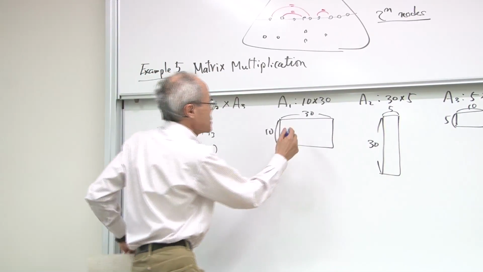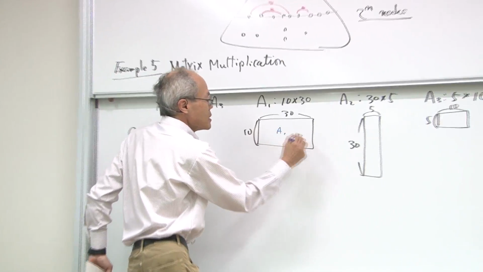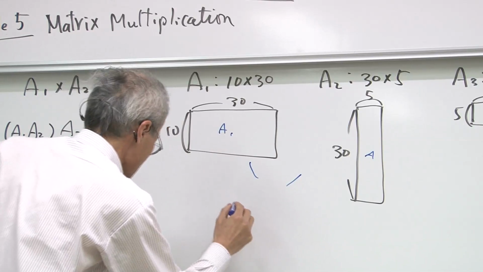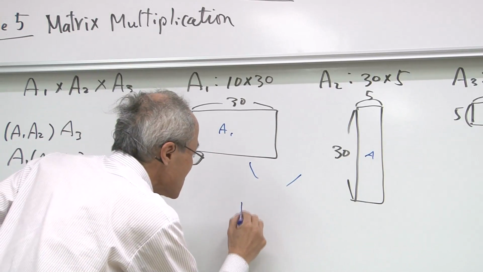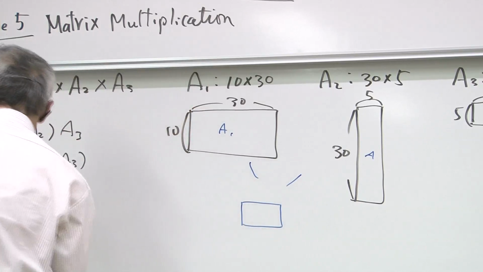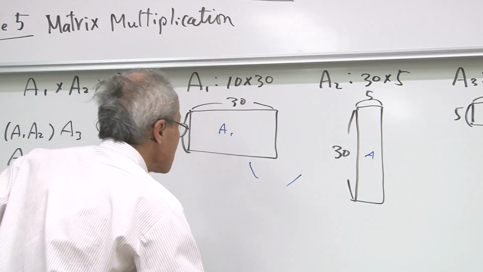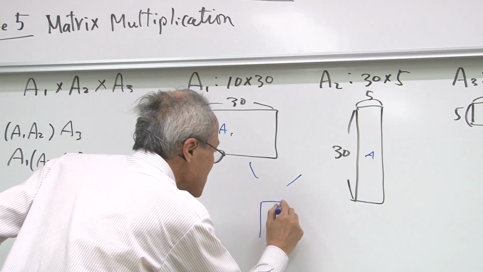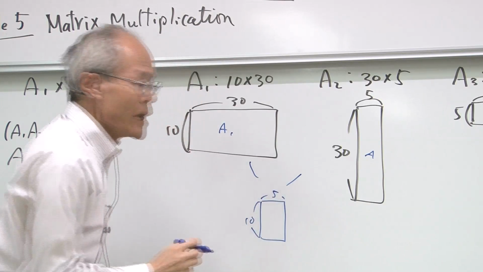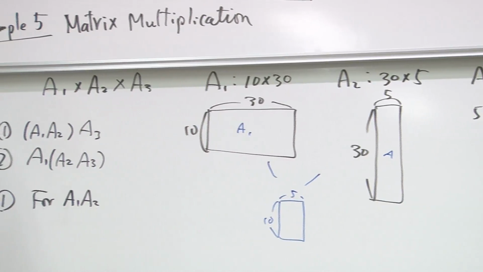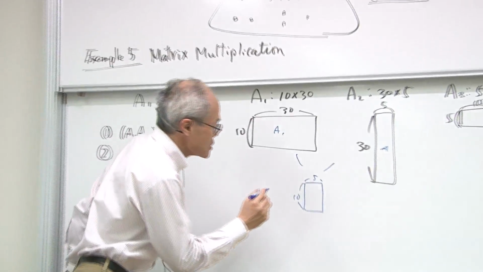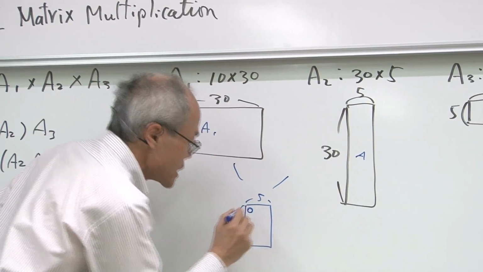We multiply A1 and A2, and the resulting matrix is 10 by 5. What is the value of this entry?